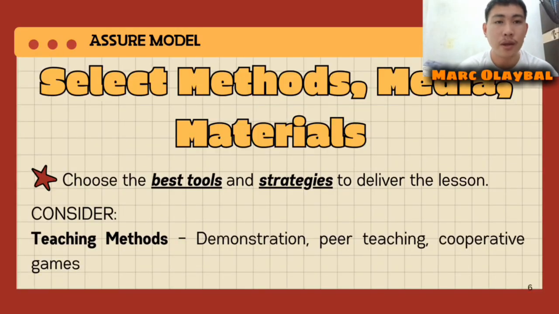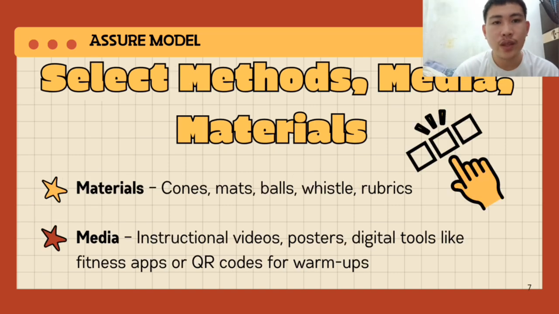Select methods, media, and materials. This step involves choosing the right tools and strategies. Teaching methods: use a variety of approaches like demonstration or peer teaching. For example, as a teacher, we demonstrate how to do a proper sit-up, then pair them to practice and give each other feedback.